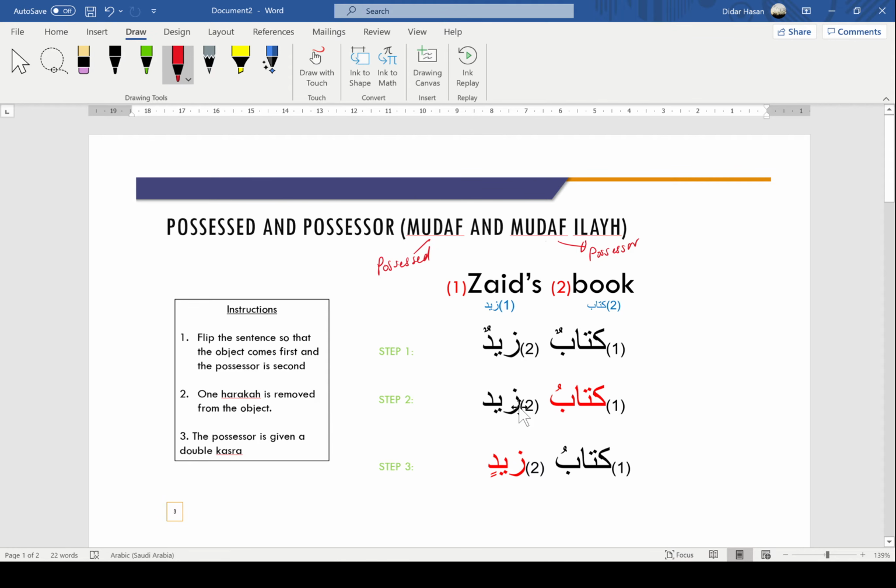Step 3, you give the possessor a double kasra, Zaydin, unless it has an alif lam. So generally, if you see a first word with one haraka and the second word with a kasra, then most likely it's a possessed and possessor structure. Whenever you're reading Arabic, keep an eye out for these structures.